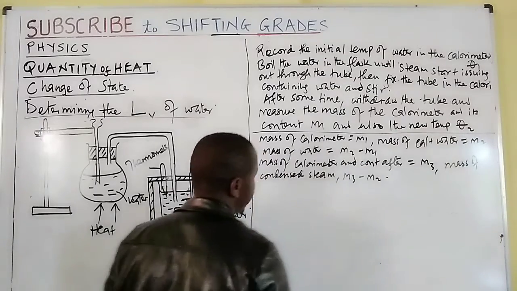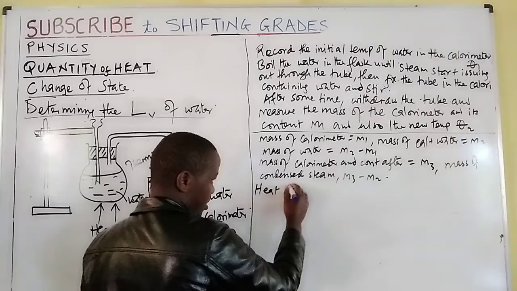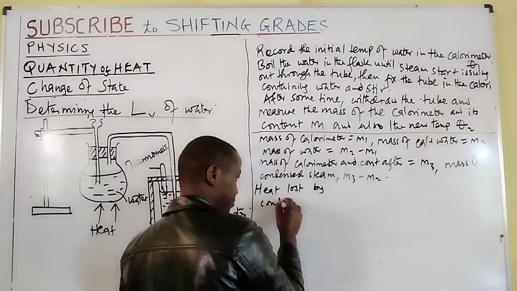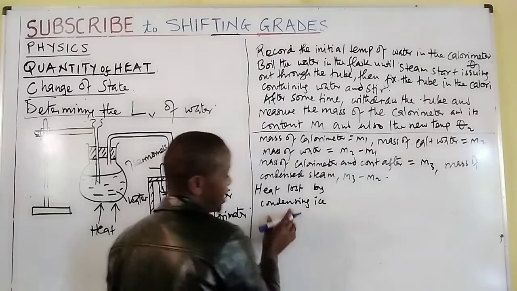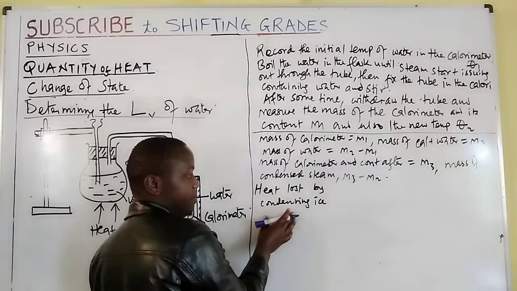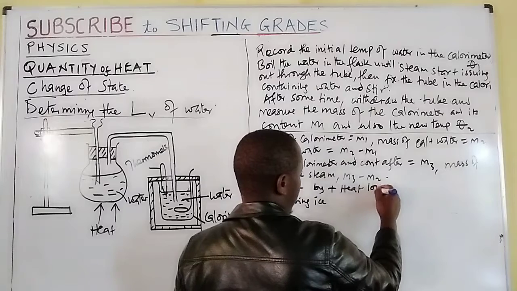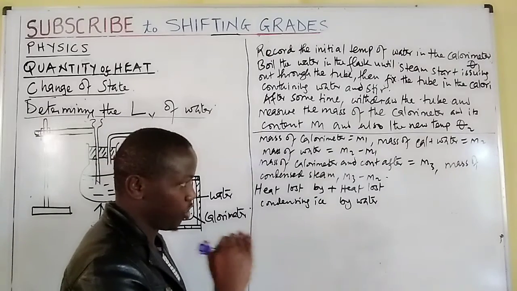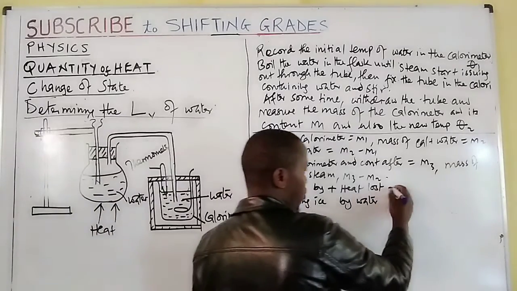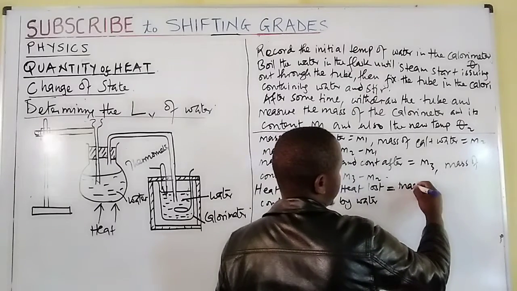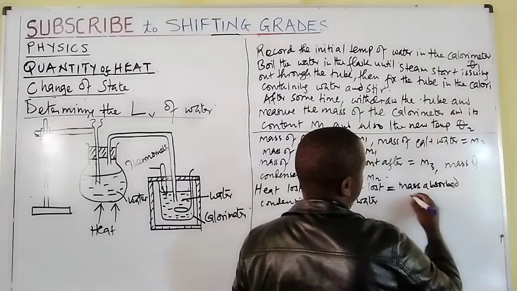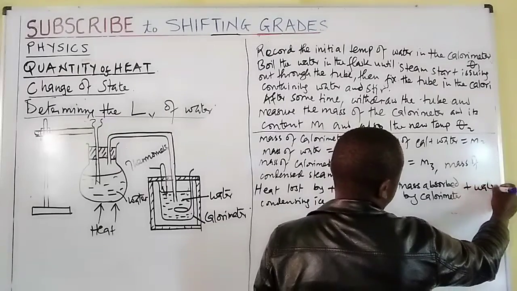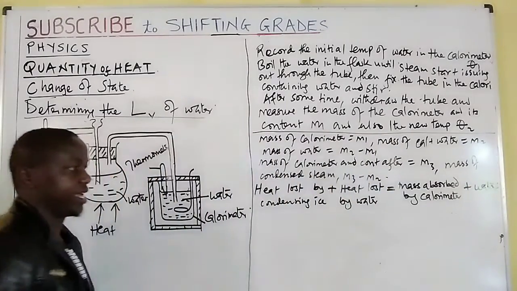Therefore, now we can say heat lost by condensing steam, which happened at a specific constant temperature, plus heat lost by water from 100 boiling point down to the common temperature theta 2 achieved, will be equal to heat absorbed by calorimeter plus heat absorbed by water, the water which was initially in the calorimeter.